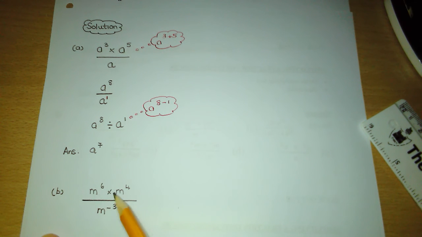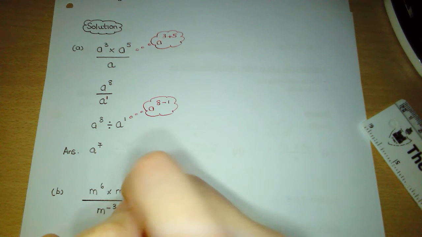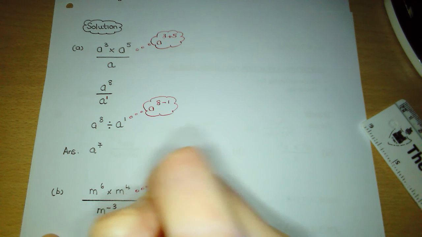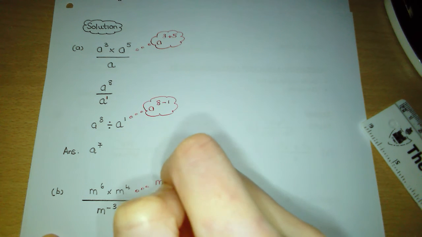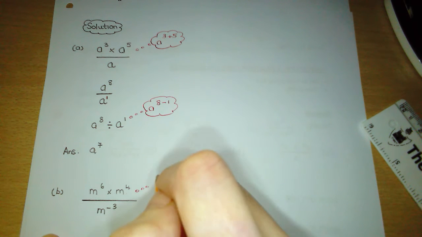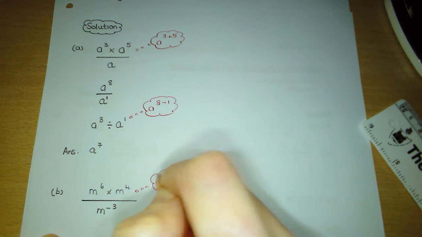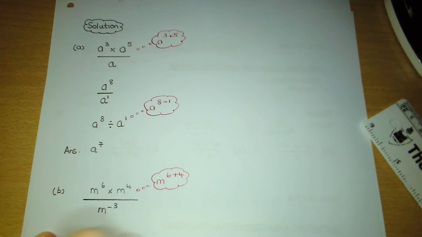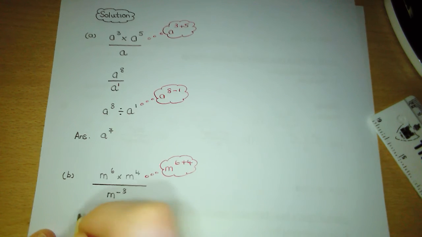Always do the multiplying first. So we're multiplying two indices with the same base of m. So we're going to add their powers. So the top line is going to reduce to m to the power of 6 plus 4. So top line is now going to be m to the power of 10.